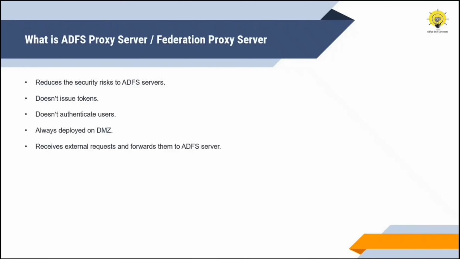The role of ADFS proxy server is to receive external requests and to forward those requests to the ADFS server. It helps the ADFS server to identify which request is coming from the internal network and which request is coming from the external network. And by deploying ADFS proxy server, we can enable MFA for external users.